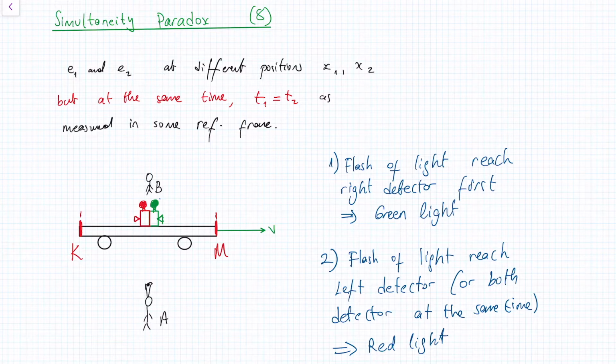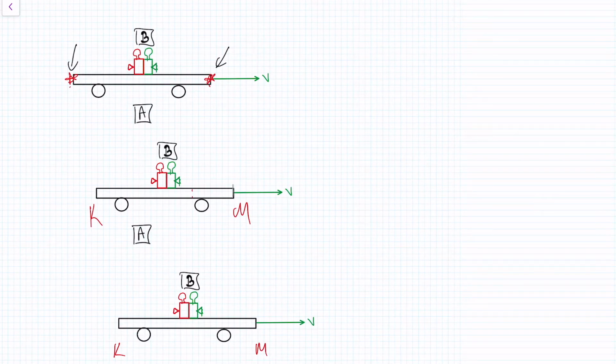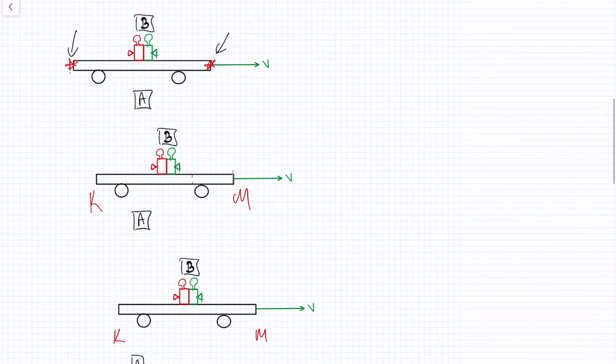Okay, now let's have a look at what the person at A will observe, right? If you look at this first picture, we have the firecrackers exploding. And once the explosion has taken place, the light starts traveling. So let's add some light waves here, with a dashed line from here, there, and then from there. Let's say light has traveled from M, that should be M here and K there, to this point, right?